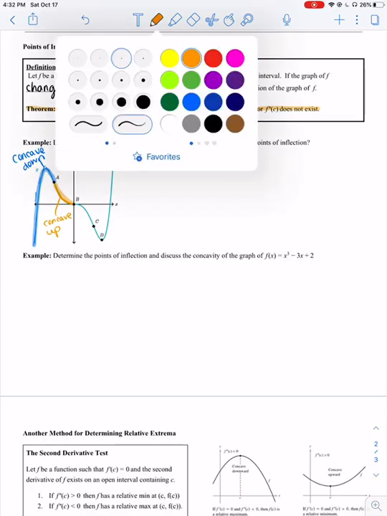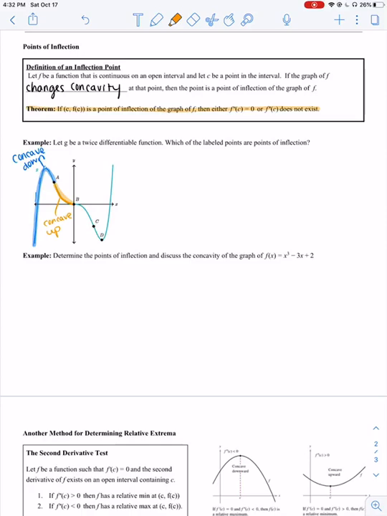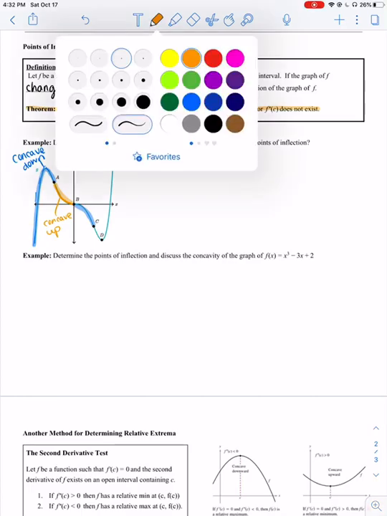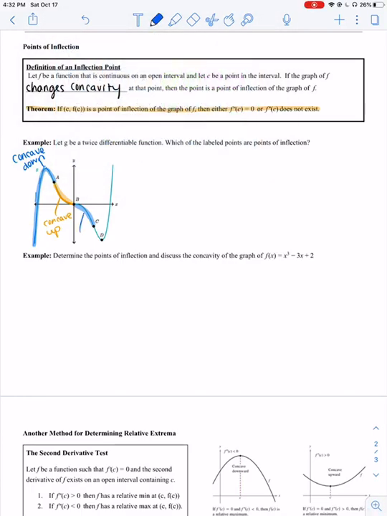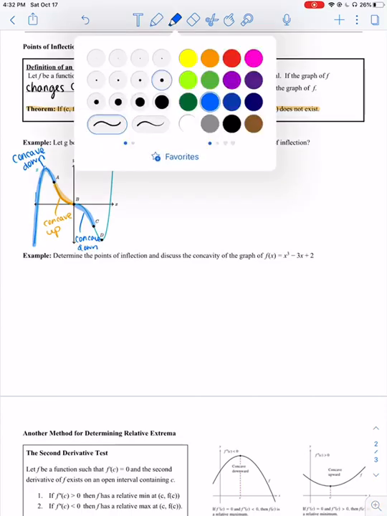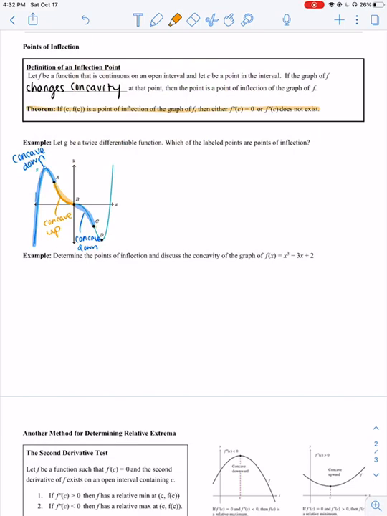Let's look at our next region, from B to C. It looks like I am concave down here. And then finally, I have this last region.